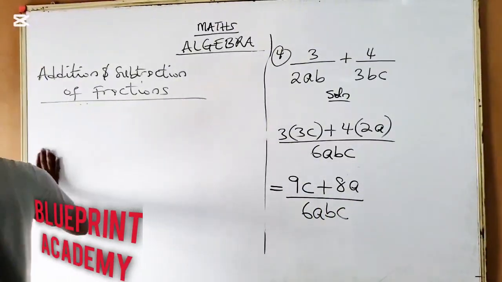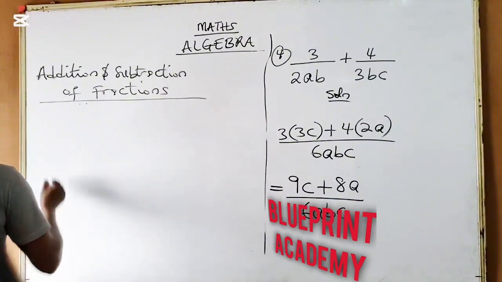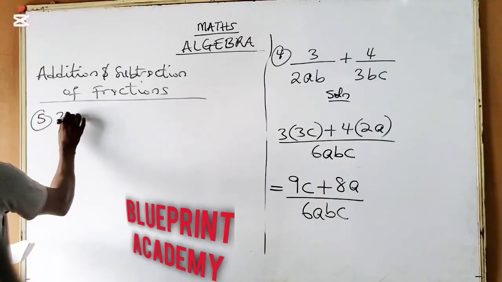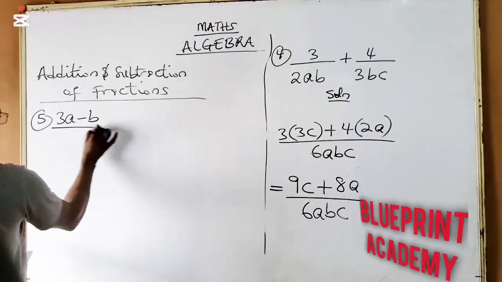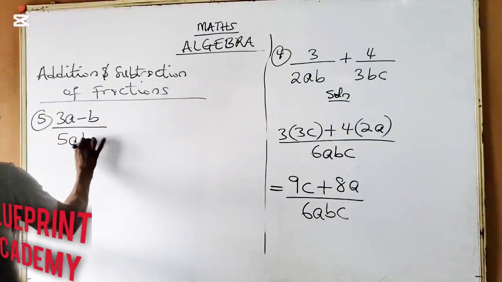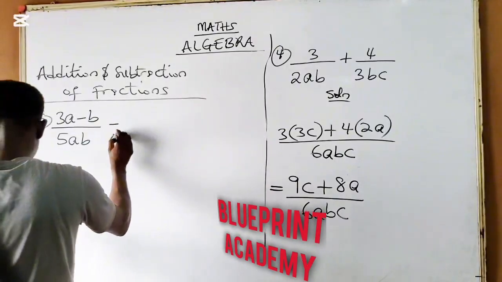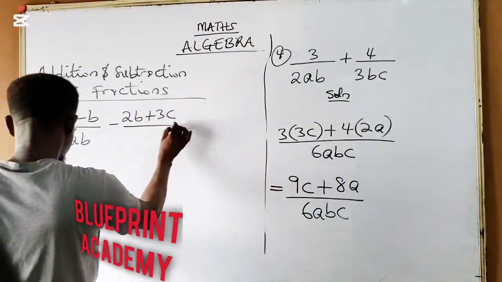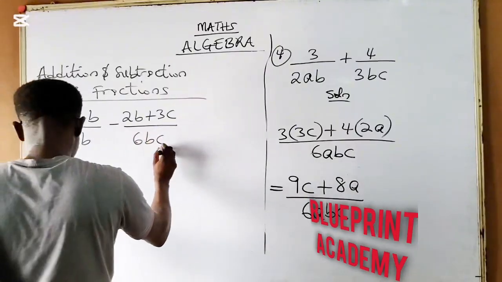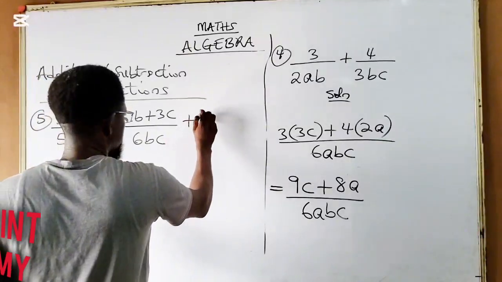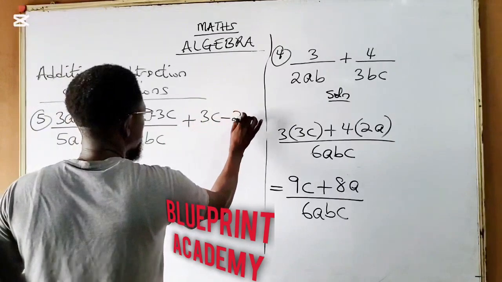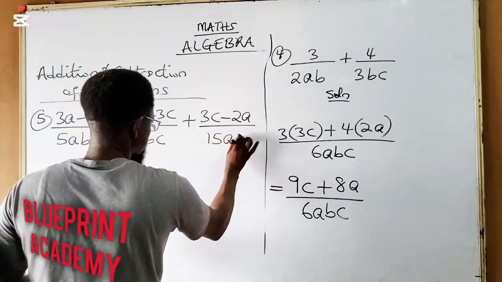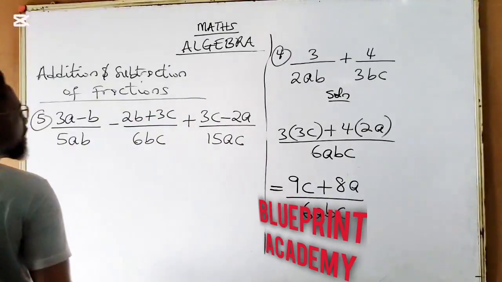Example 5 says simplify 3a minus b all over 5ab, minus 2b plus 3c all over 6bc, plus 3c minus 2a all over 15ac.